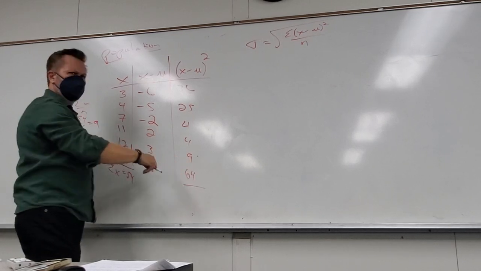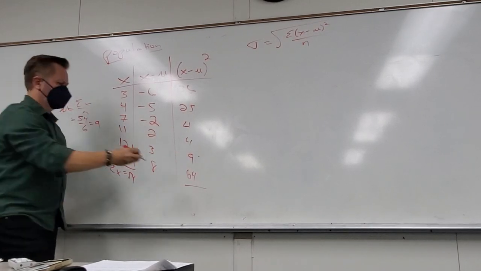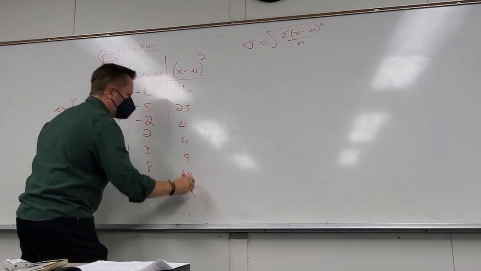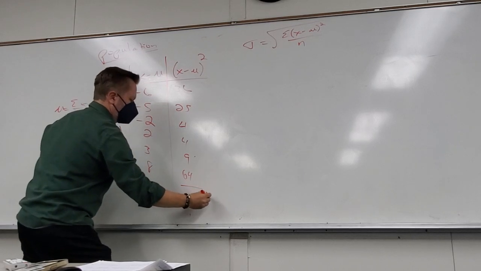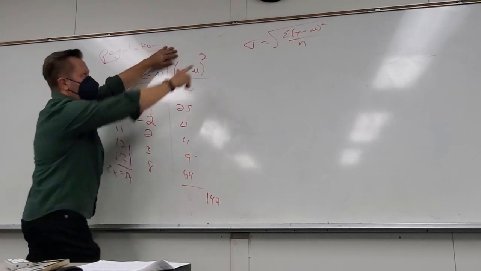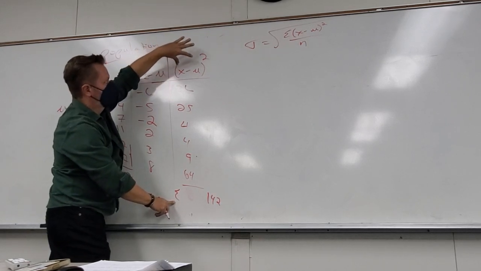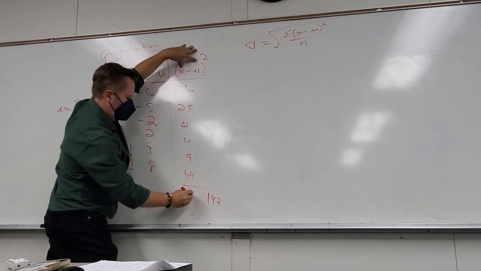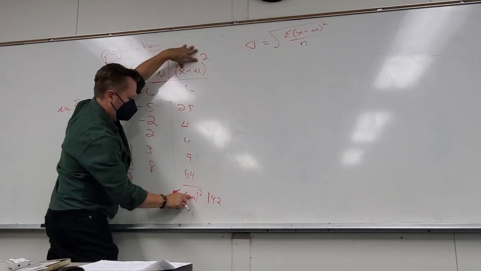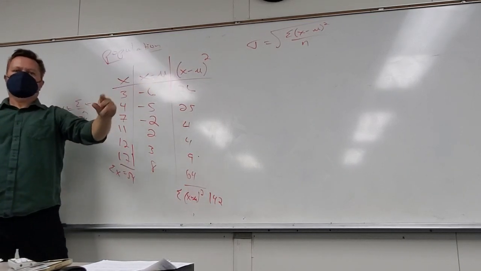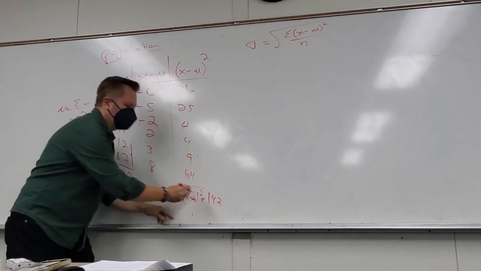Is that 142? Yes? Okay. By the way, what did I just do to get 142? I added, so that's add. What did I add? All of these, right? So this whole thing is 142.